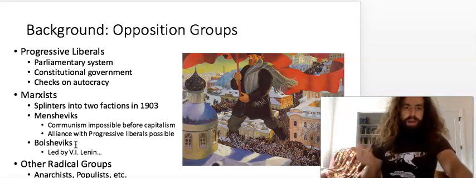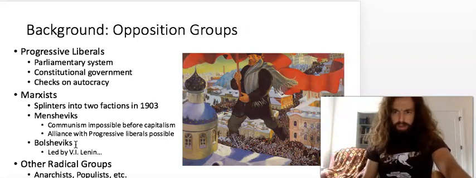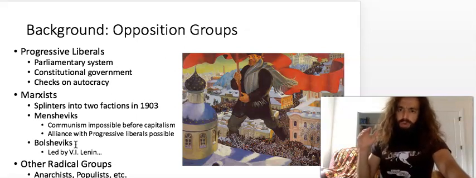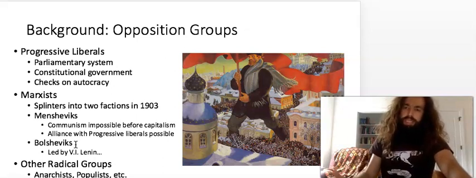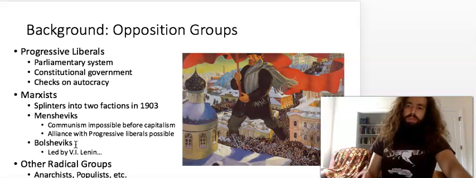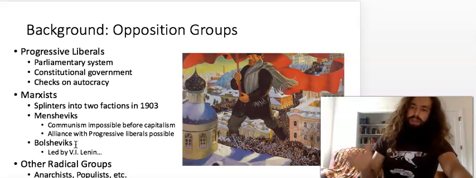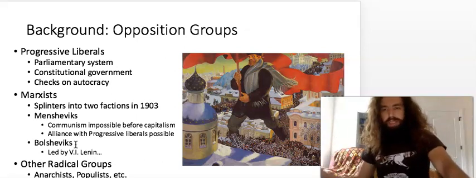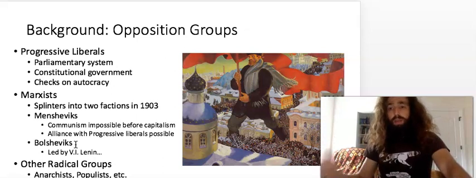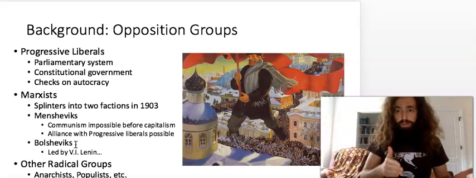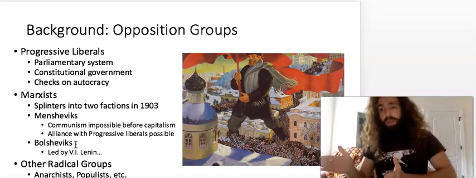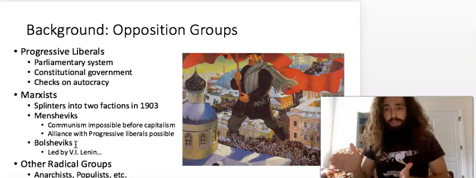These guys are led by Vladimir Lenin. What Lenin argues is that while Marx was right to say that usually you have to go through capitalism before you can have communism, it is possible, now that we know what communism looks like, supposedly, that you can just skip from feudalism straight to some sort of communism.